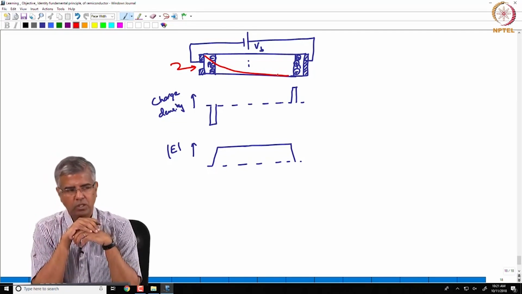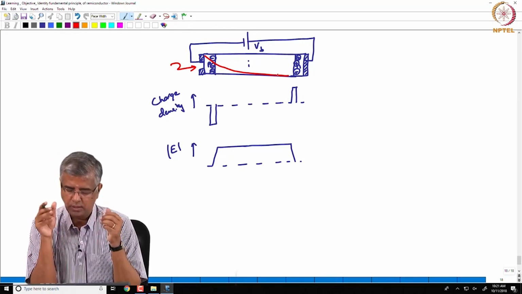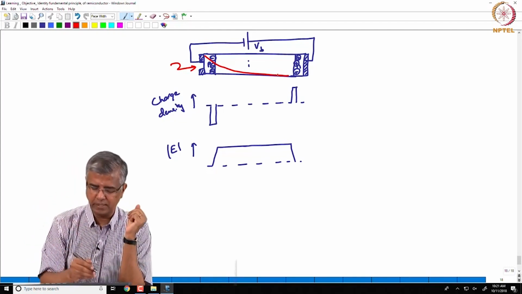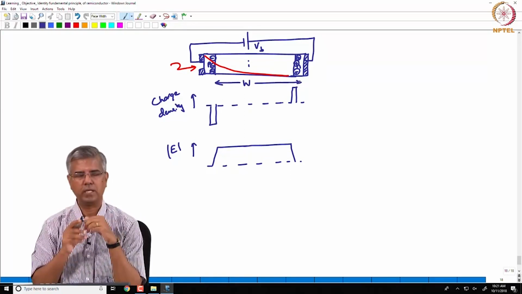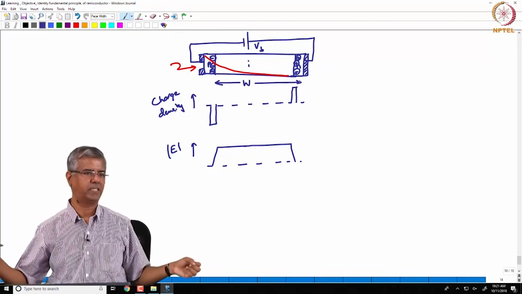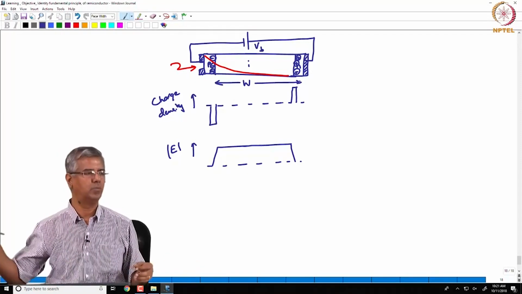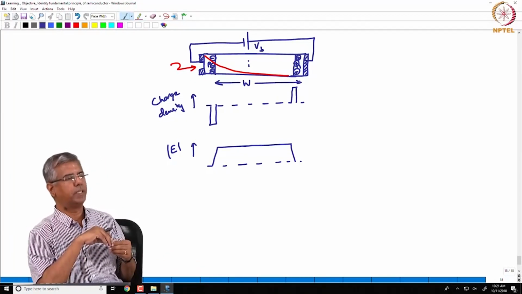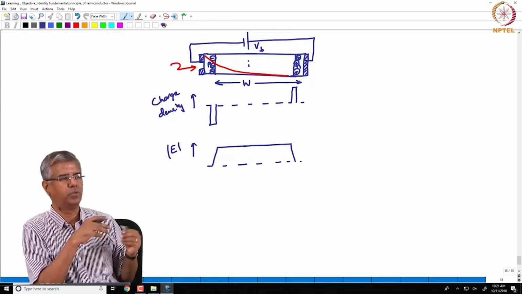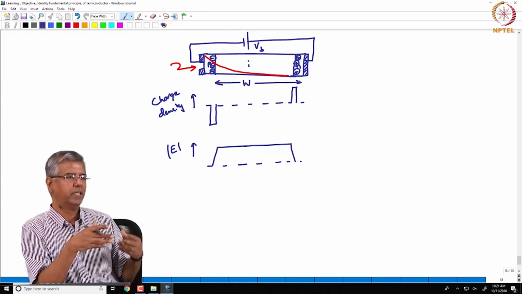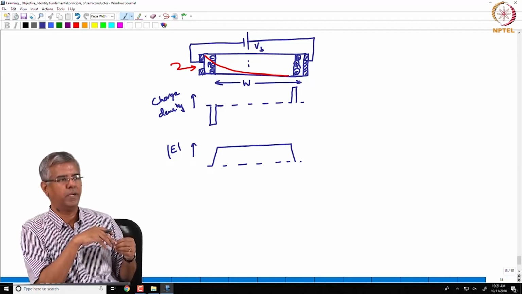And so the width of that I region, let's call that W, right. The width of the I region can be extended so that you can absorb all the power that's incident on this structure, right. So it gives you a sort of free design parameter.